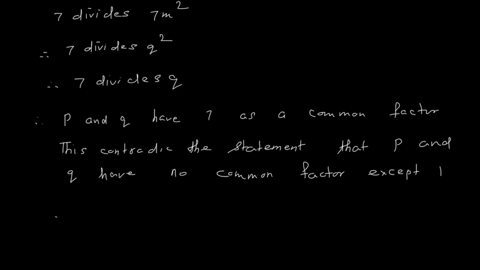Therefore our supposition, or I will say our assumption, is wrong. Therefore we will say that root 7 is an irrational number.